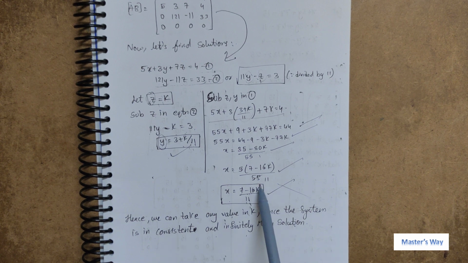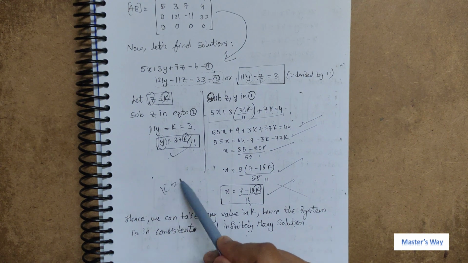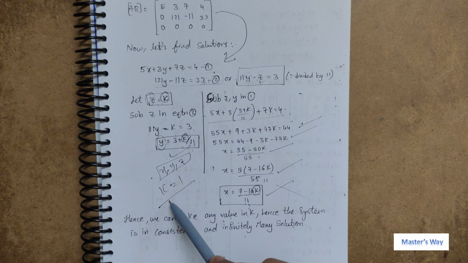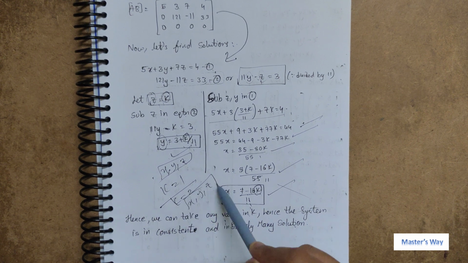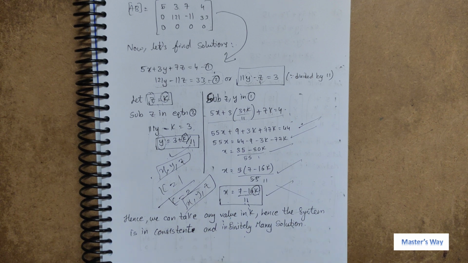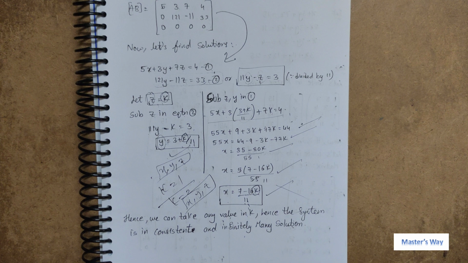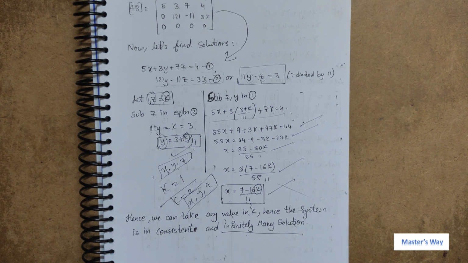Because we are dependent on k. So in k we can keep any value. If we keep k equal to 1, we will get one set of x, y, z values. If we keep k equal to 2, we will get another set of values. So like this we can substitute many values in k so that we will get different sets of x, y, z values. Hence we can say the system has infinitely many solutions.